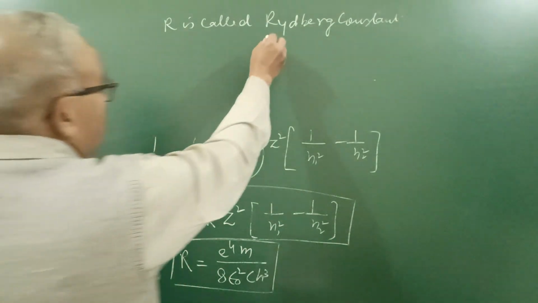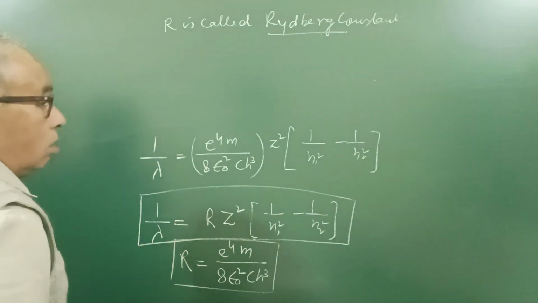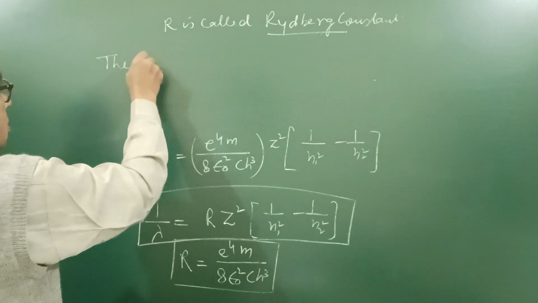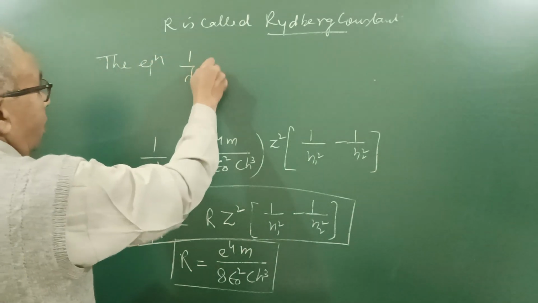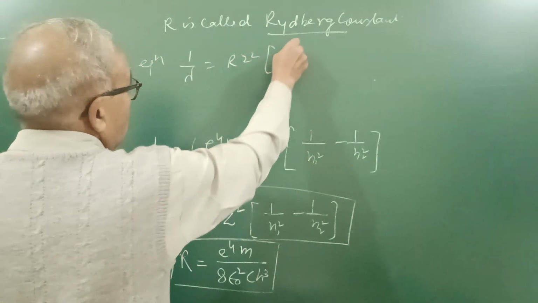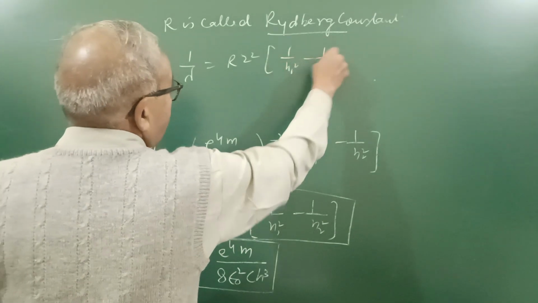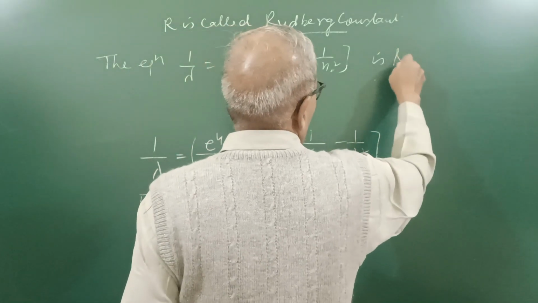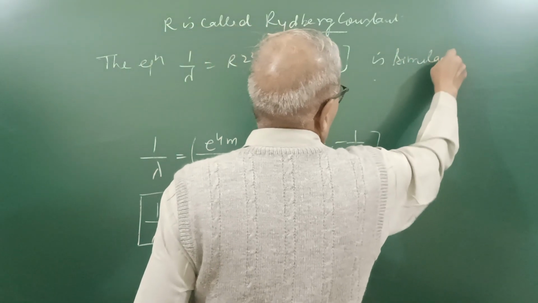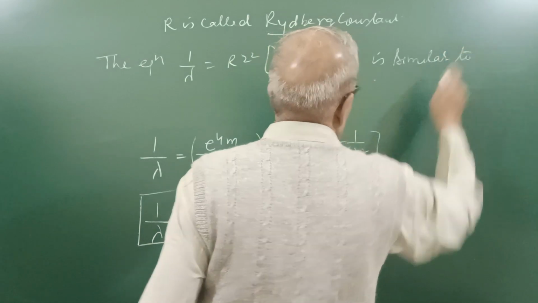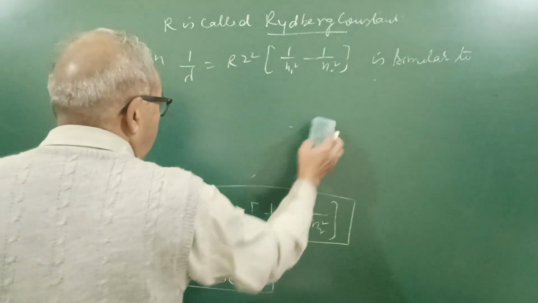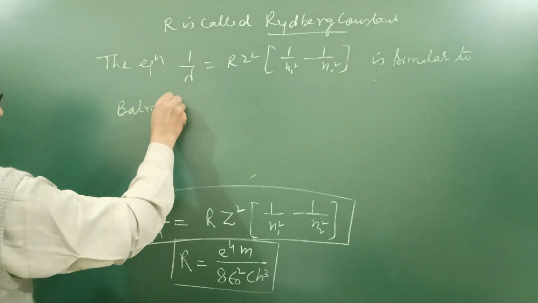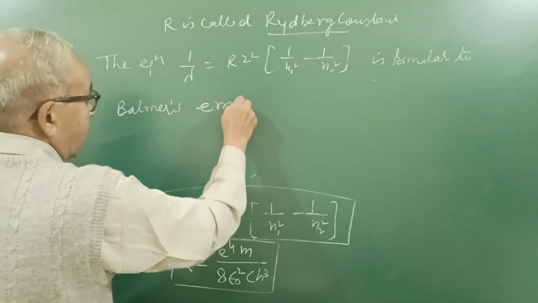I will tell you something about this. The equation 1 upon lambda equals R Z square, 1 upon n1 square minus 1 upon n2 square, is similar to Bohr's empirical formula.